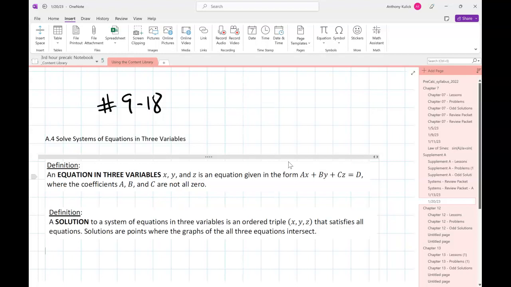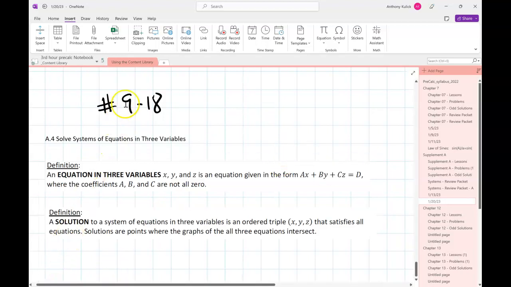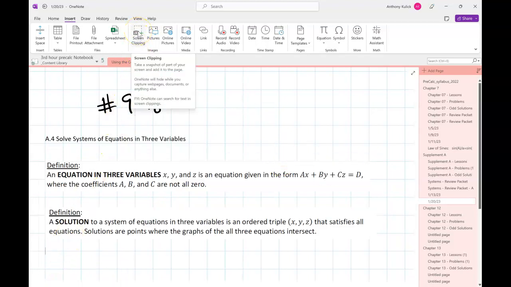So the graph of the equation ax plus by plus cz is equal to d gives us a plane. So a solution to our system is going to be the intersection of 3 planes.